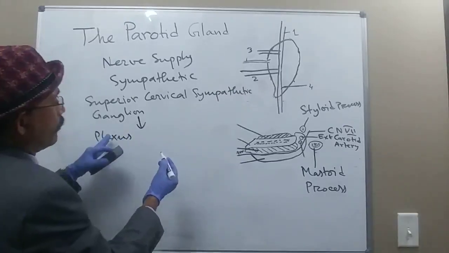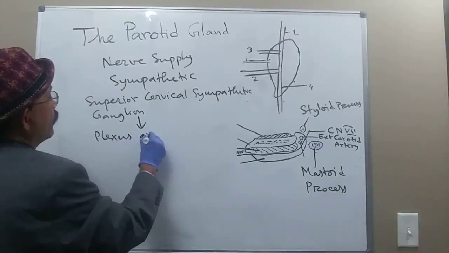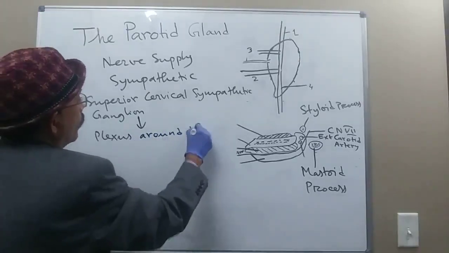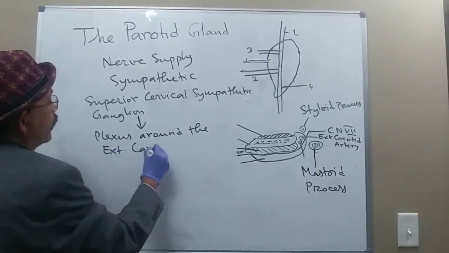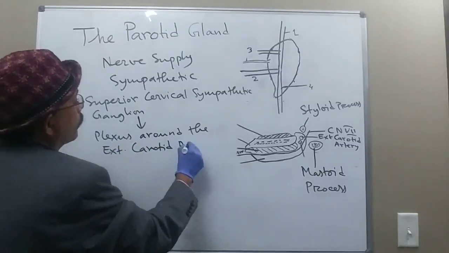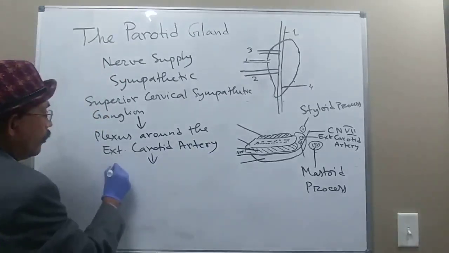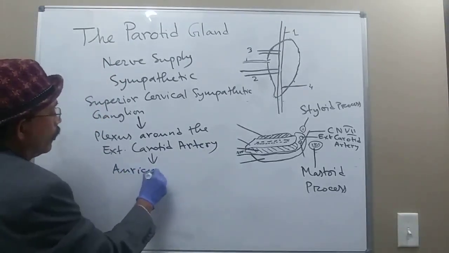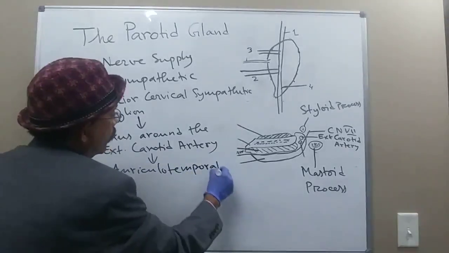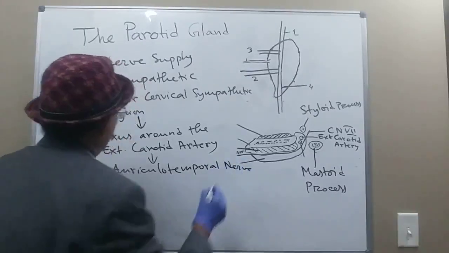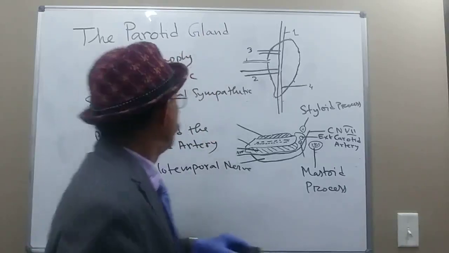The postganglionic fiber from the superior cervical sympathetic ganglion will go through the plexus around the external carotid artery, and that will be distributed by the auriculotemporal nerve, which is a branch of the mandibular nerve.